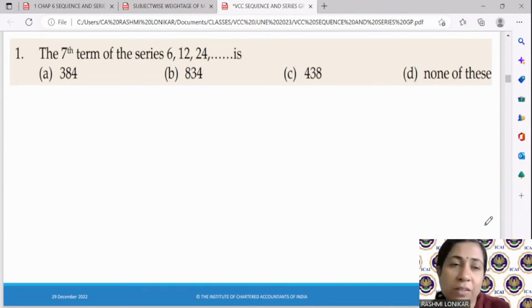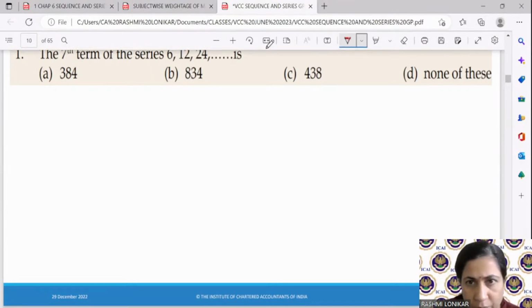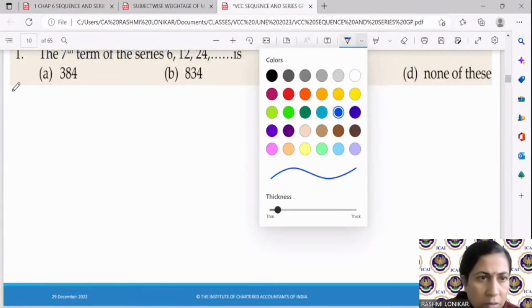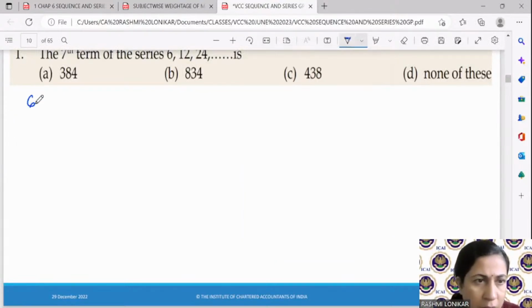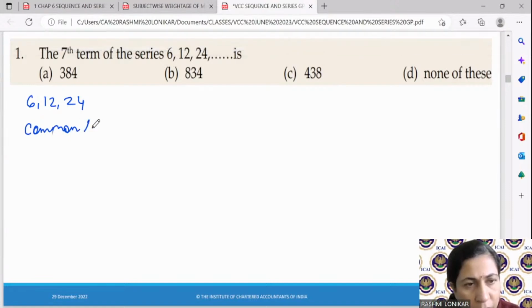Now the seventh term of the series 6, 12, 24 is. Now to find the common ratio, R, you will write third term upon second term, and this should also be equal to second term upon first term.